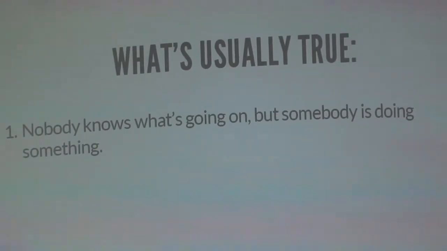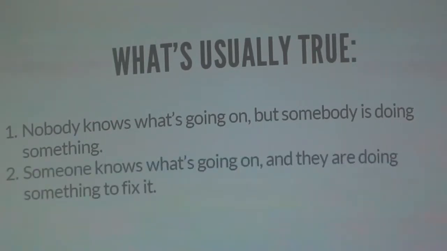And the second popular kind of message is that someone already knows what's going on. For example, someone has already found the bug, and they are doing something to fix it. You don't know when it will be fixed. And those are the two most common messages I've experienced.